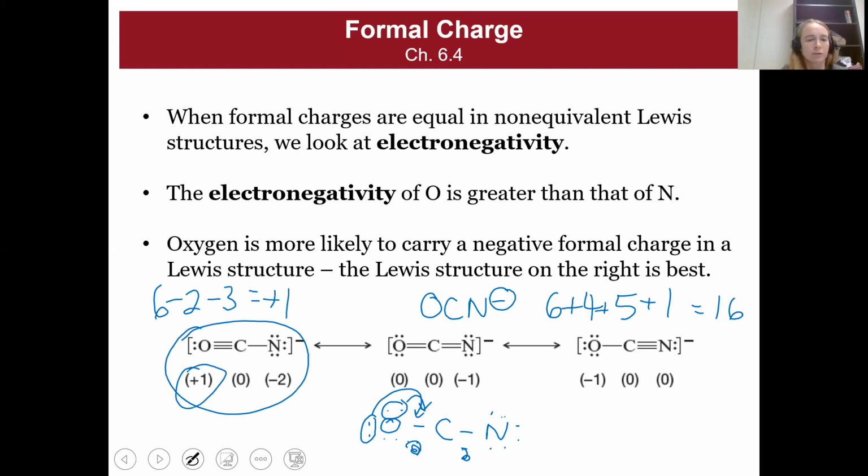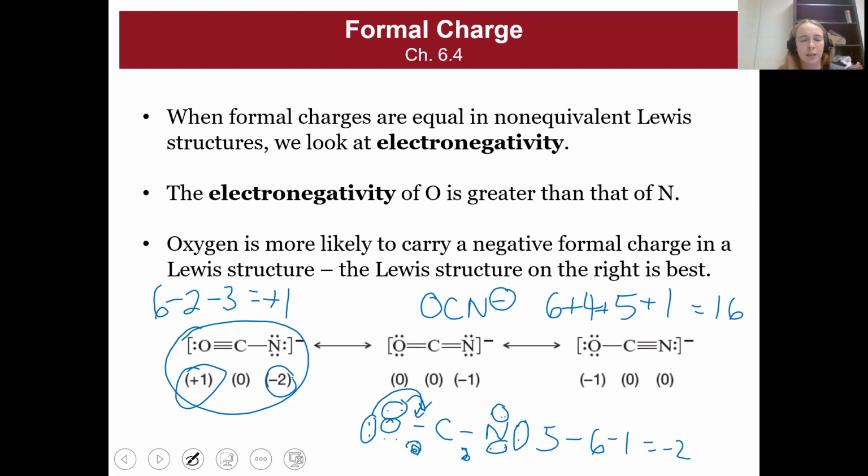So that's where they get this from. And nitrogen with 3 lone pairs would be 5 valence electrons minus 6 non-bonding electrons, and then 1 bond, which gets us to -2, and that's where they got this from. So that's not great. So what if we do something else?